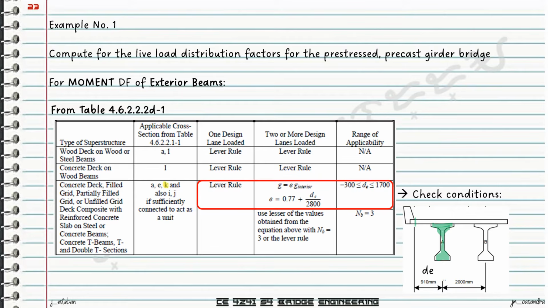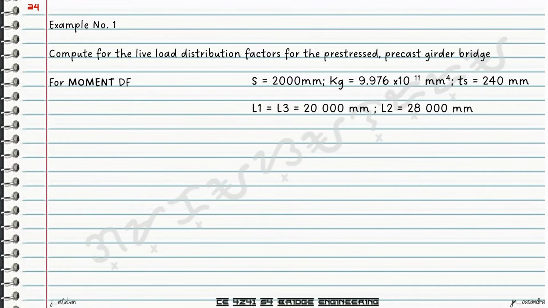Okay, so with that, D sub E is 910 millimeters, which is greater than negative 300 mm and is less than 1,700 mm. So therefore, the condition is okay. Therefore, we could apply the equations for our given bridge. So for the moment distribution for the exterior beams, we start off again with span 1 and span 3 as they are of equal length.